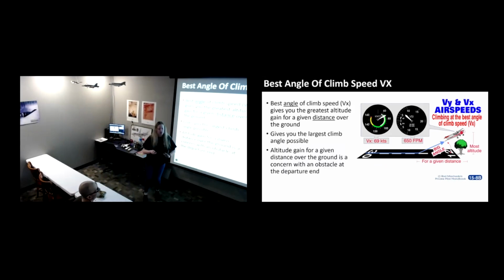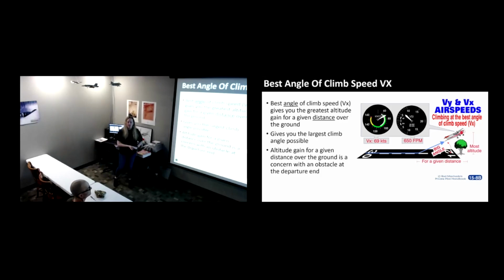Vy, how do I word this simpler? Vx gives you the best altitude gain for a given distance over the ground when an obstacle is of importance. So you will climb the highest in the shortest amount of distance. Okay.